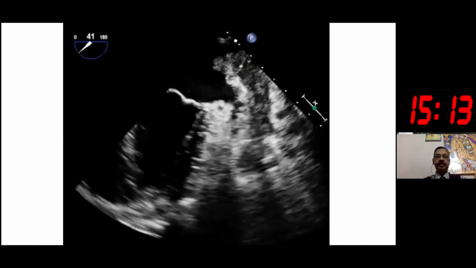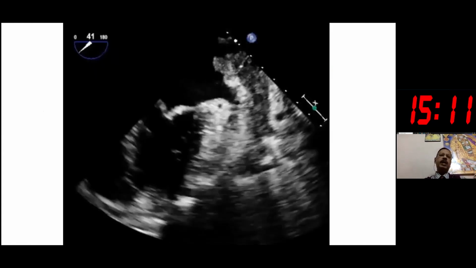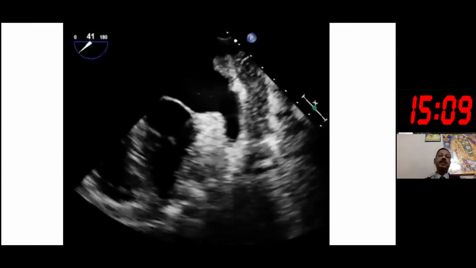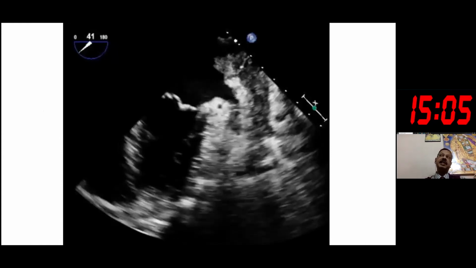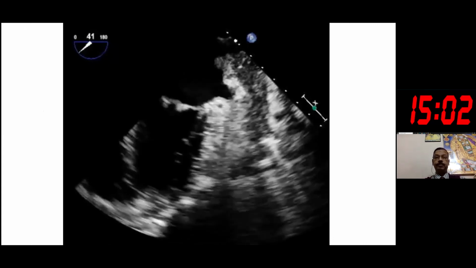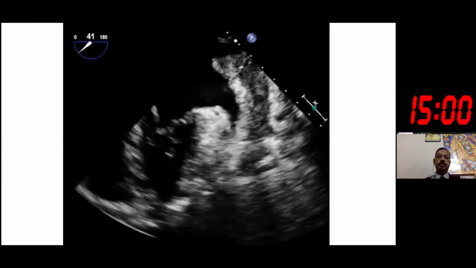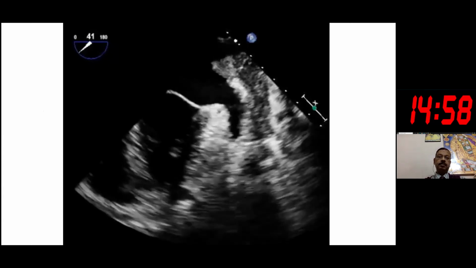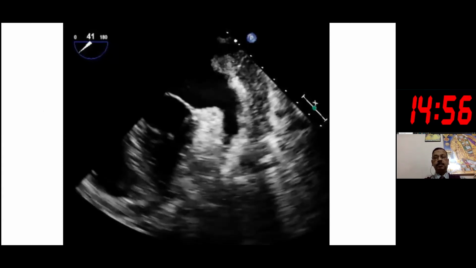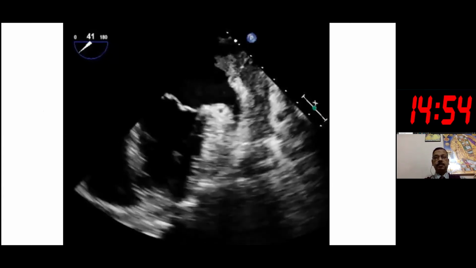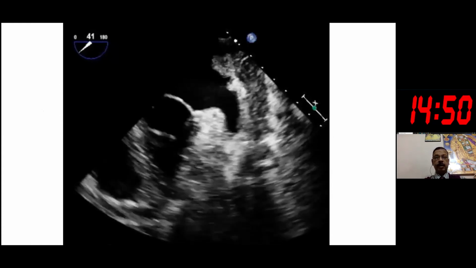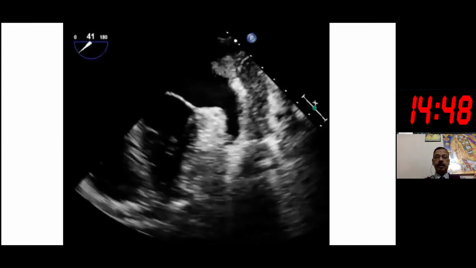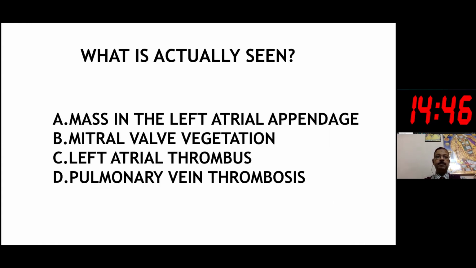Now, quiz number 11. Look at this again, a transesophageal view, very, very carefully, and what can you see in this image? Well, if everything is okay, then we'll give the options.